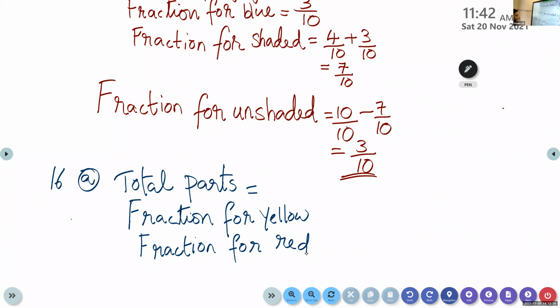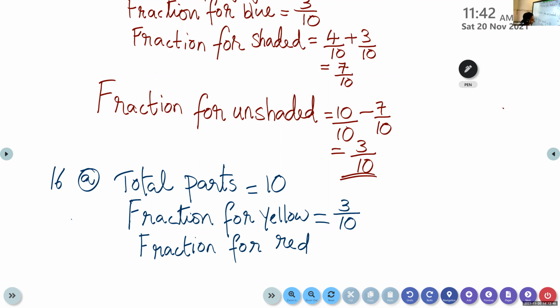Yes, Abhinav, can you give me the total parts? 10. Total parts is 10. And fraction for yellow, how many are there with yellow? 3. So how will the fraction be? 3 by 10.